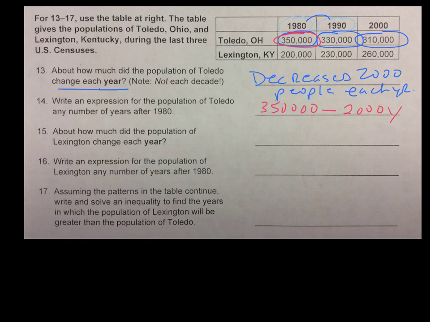Now that I've shown you how to do Toledo, try Lexington. Notice that Lexington is increasing by 30,000 each decade. So 30,000 each decade, so I'm eliminating a zero, that means it's 3,000 every year.